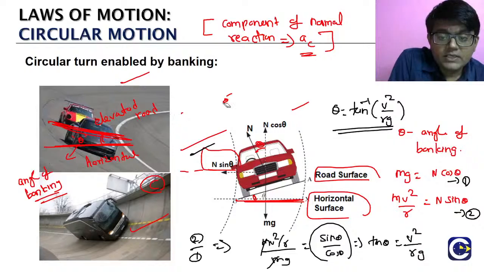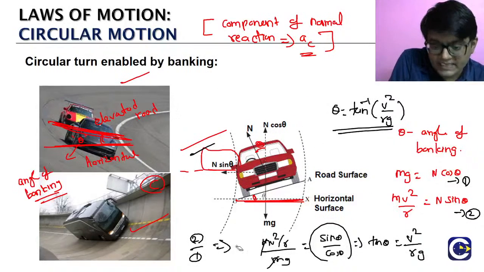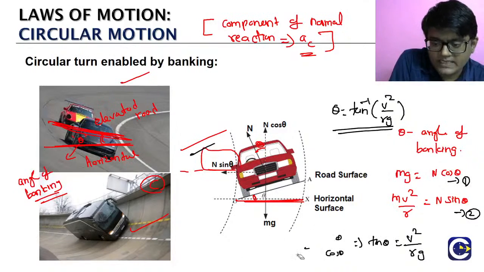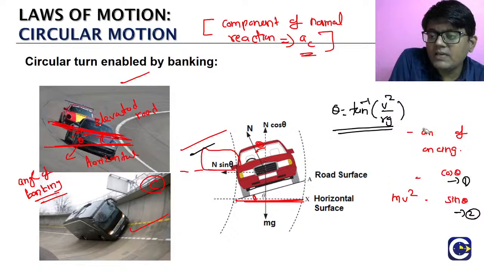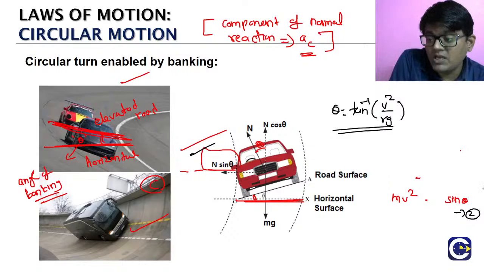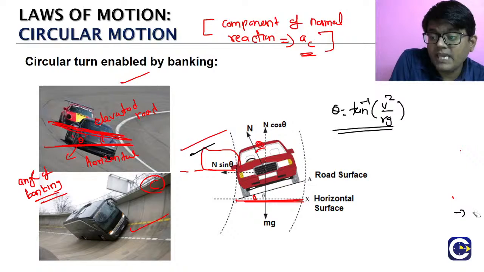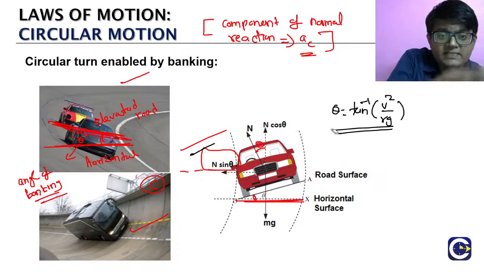But once you create a road with banking, the better thing is to mention to the vehicles coming on the road the safe speed, because the road is already fixed. The road will not keep changing its angle of banking.